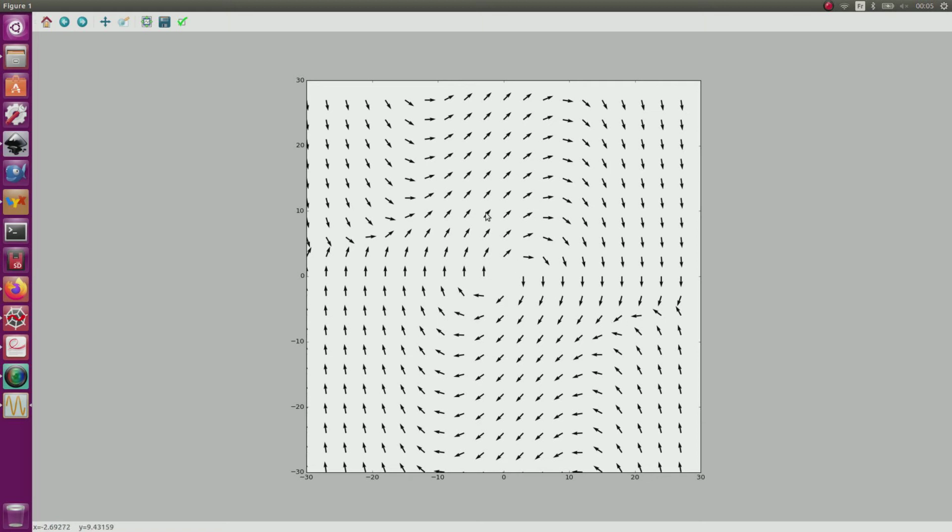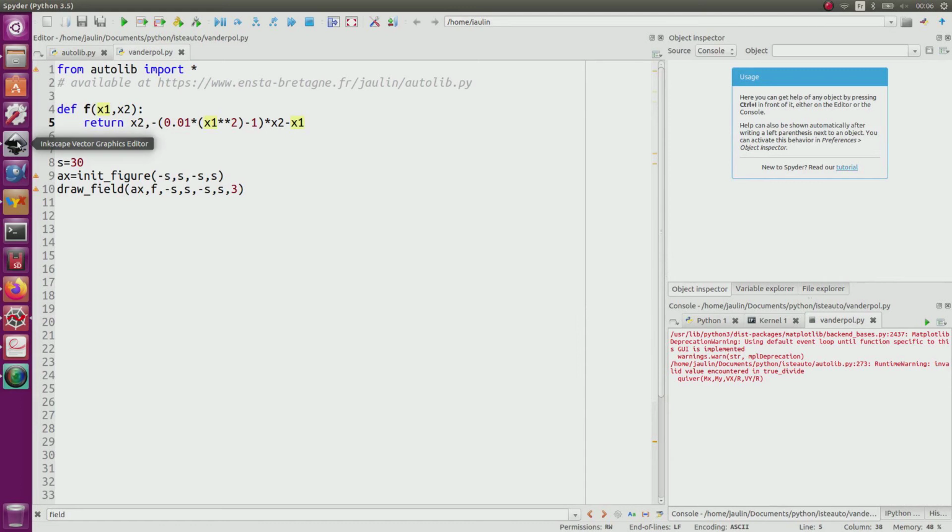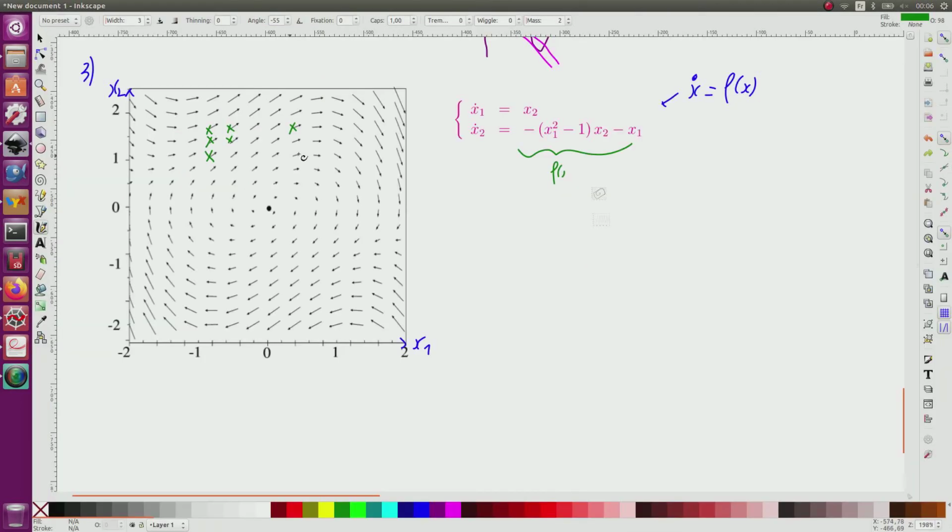But sometimes we do not want the normalization, to see where I go fast or where I go slow. It was the case here where the normalization is not done. You can see that we have longer arrows, and very small ones where I go slowly. Okay, so now if I start here, my initial point is taken as x0 equal 0.1, 0.